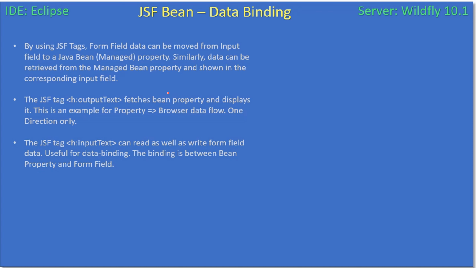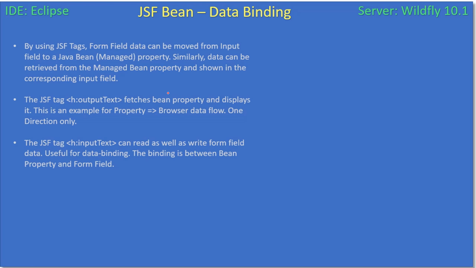The next one is h:inputText. As the name suggests, it will retrieve the data from the HTML form field, so that's a read, as well as it can retrieve data from the Java bean and push it to the form field.